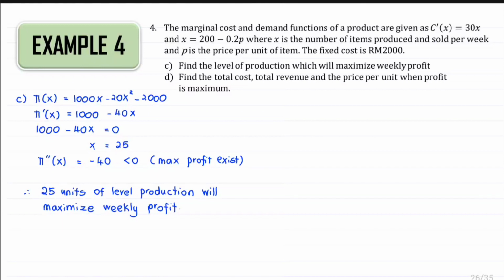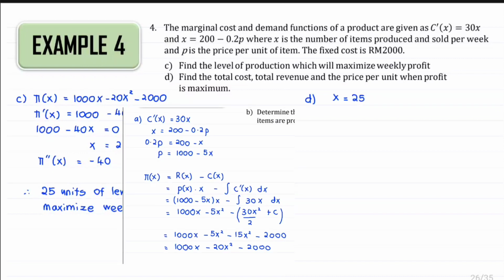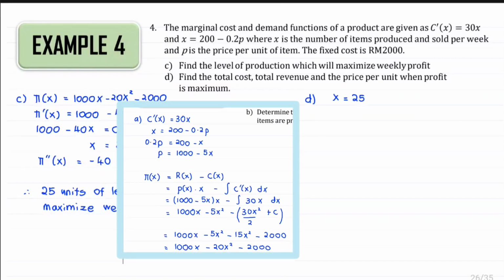And the last question, find the total cost, total revenue and the price per unit when profit is maximum. When profit is maximum, the value for x is 25. We need to find total cost. We use the previous answer.